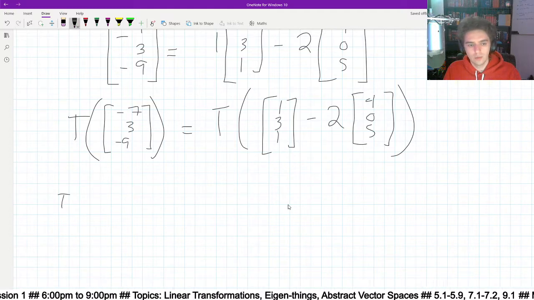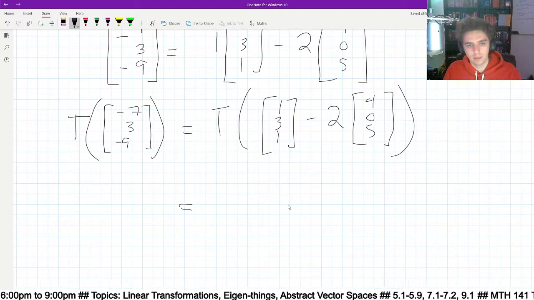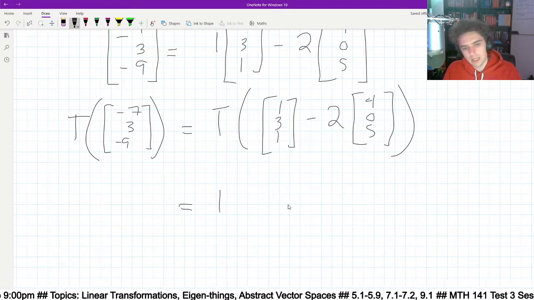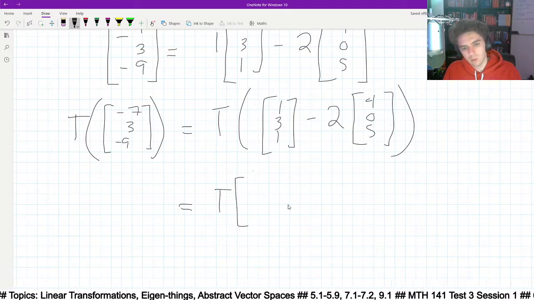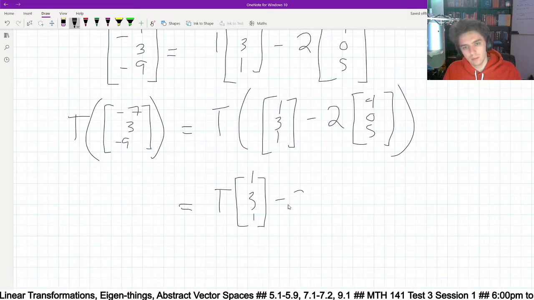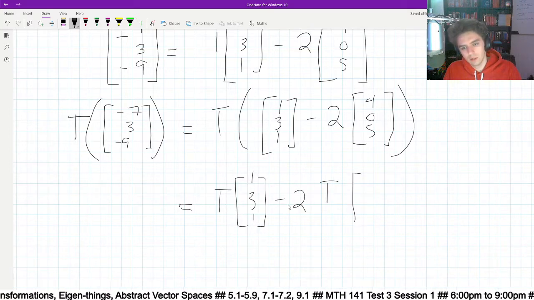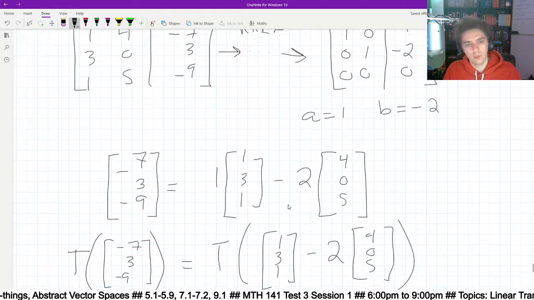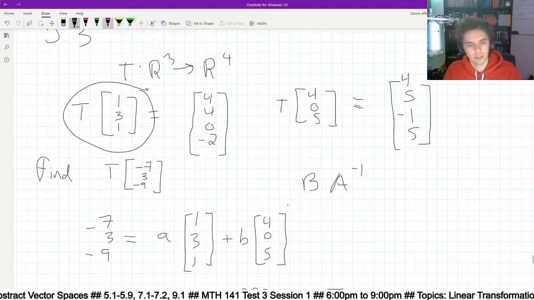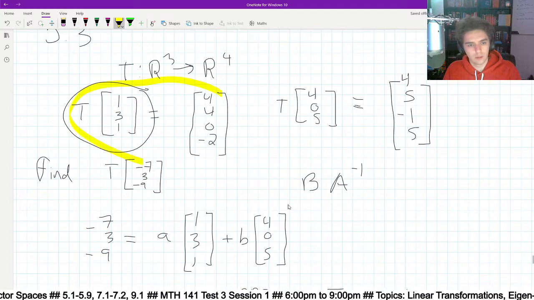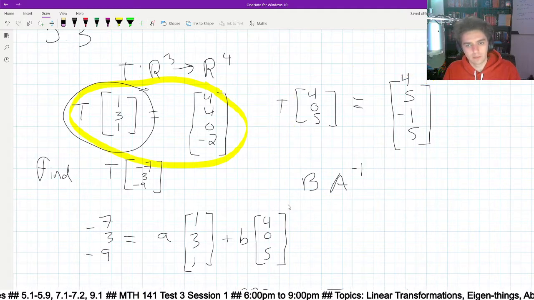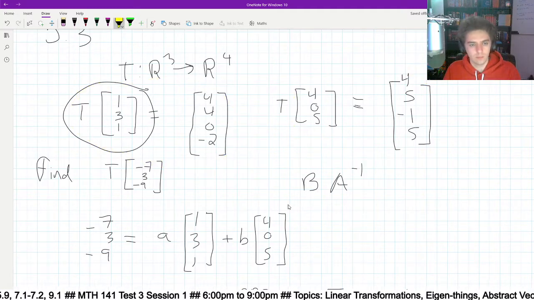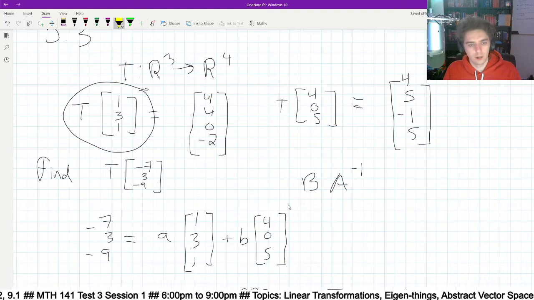So that equals T of (1, 3, 1) minus 2 times T of (4, 0, 5). We know these from the question. We know what T of (1, 3, 1) is: T of (1, 3, 1) is (4, 4, 0, -2).